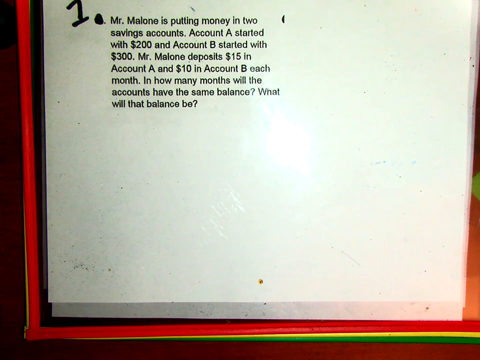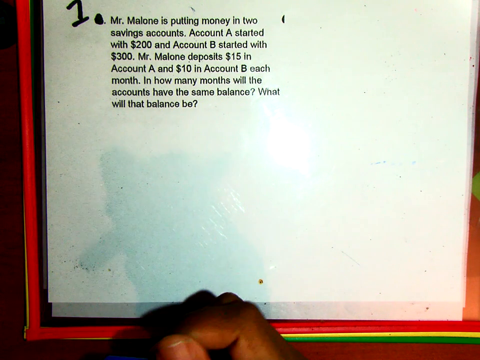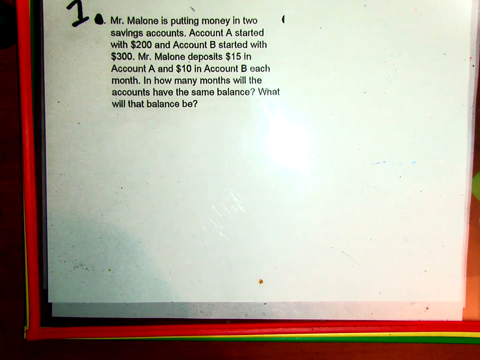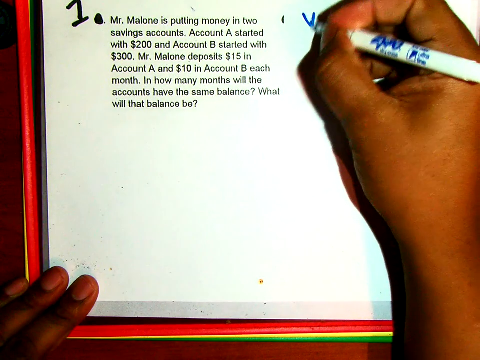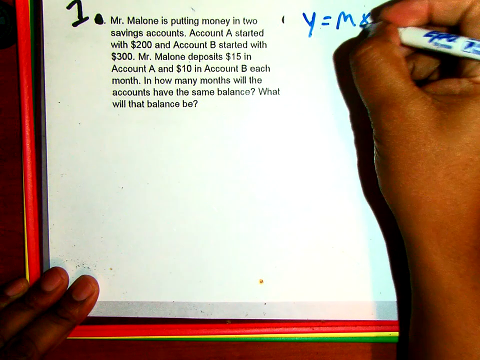So we want to know how many months it will take to be the same balance, and then how much that amount would be. Okay, so what we want to know is when are these equations going to be equal? With the started and each month, that lets you know we're going to use y equals mx plus b.